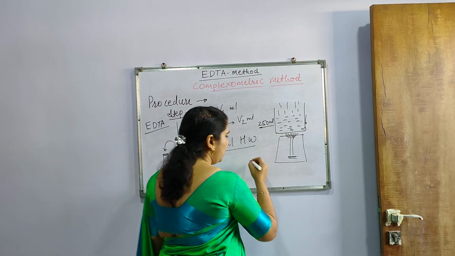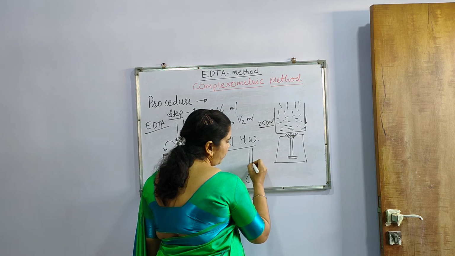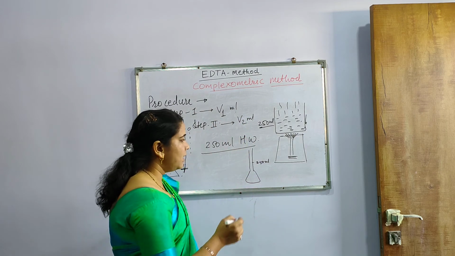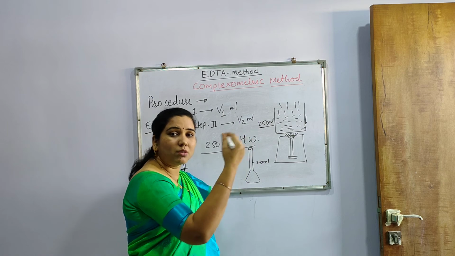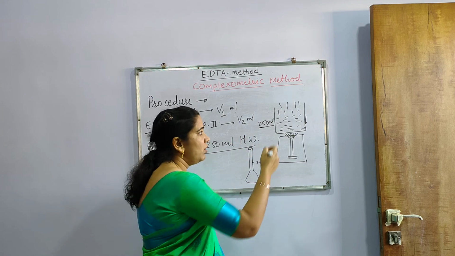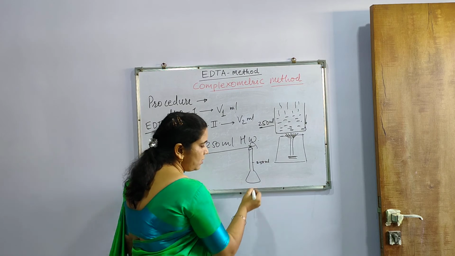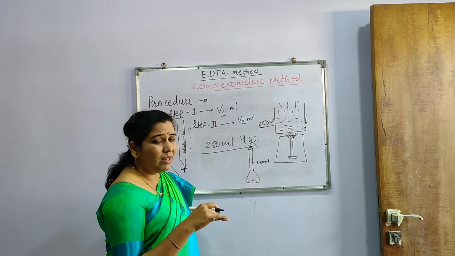After filtration, use a volumetric flask which is of 250 ml. In this 250 ml volumetric flask, after filtration, the total filtrate or that solution is to be added. It is just 50 ml, so it can be up to this level.